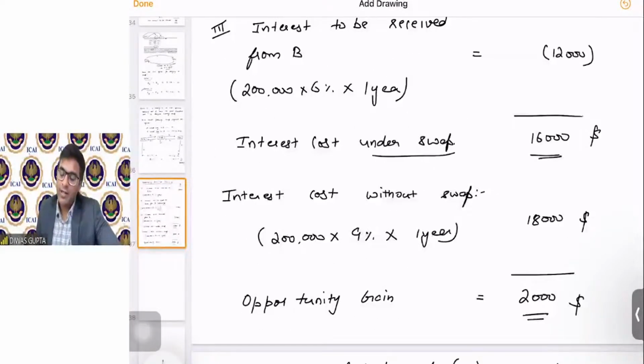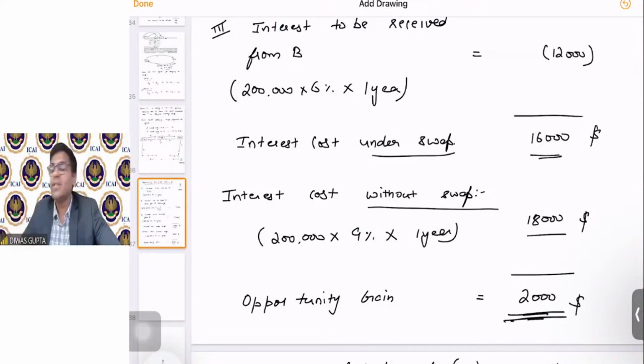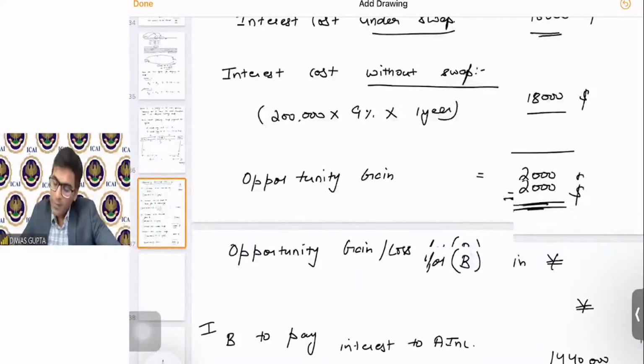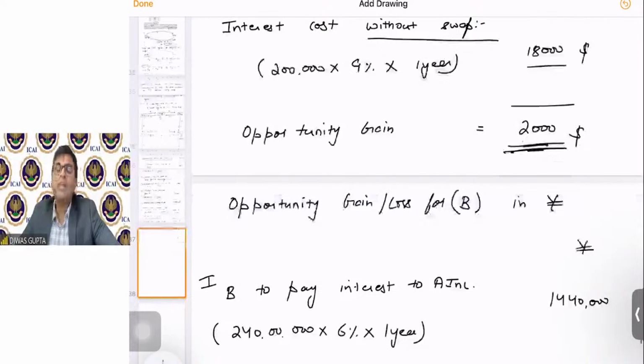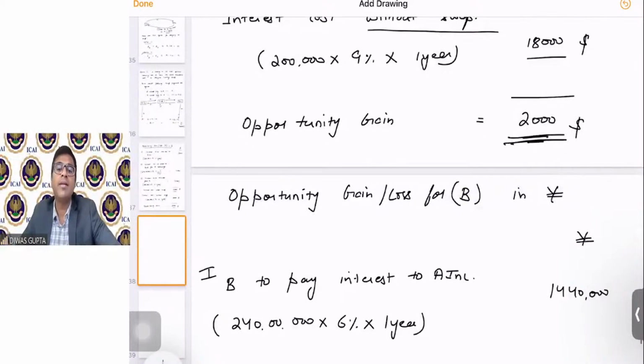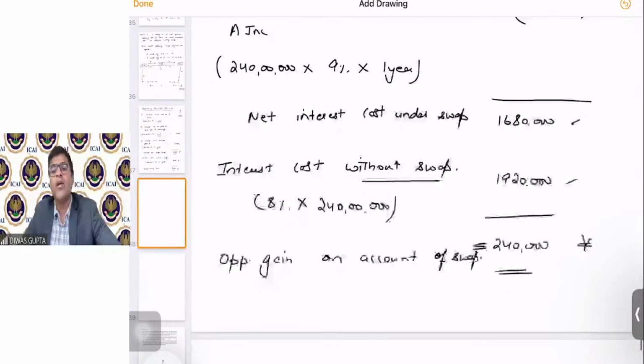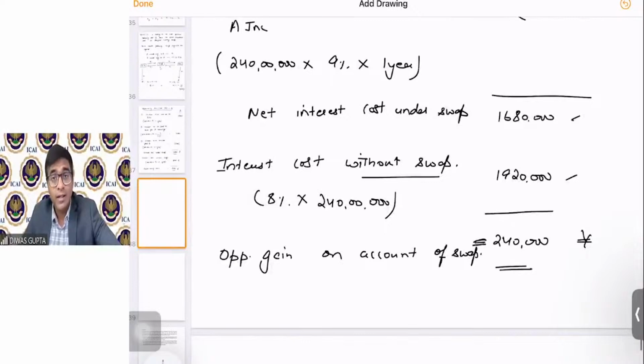If we had not entered into the swap, we would have ended up paying 18,000. So because of this swap, there is a benefit of 2,000. Similarly, from B's point of view, 16 lakh 80,000 yen would be the net interest cost under swap. The interest cost without swap is 19 lakh 20,000. So in a nutshell, you are able to save 2 lakh 40,000 yen, which is nothing but $2,000 at the current exchange rate of 120.